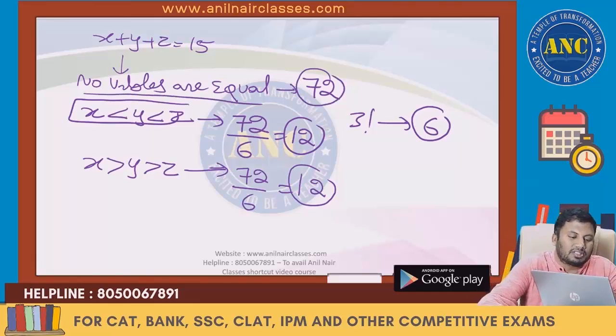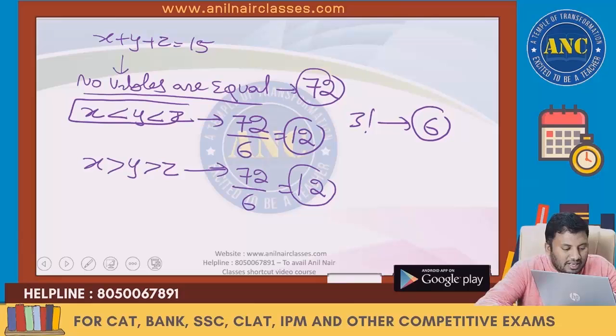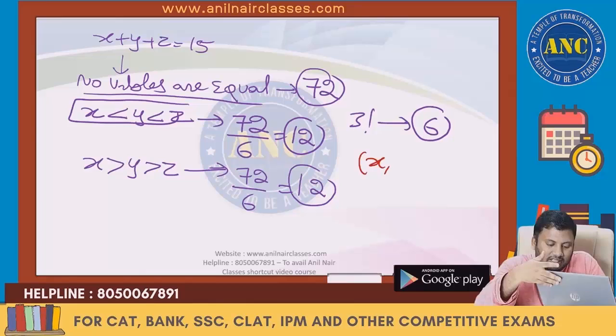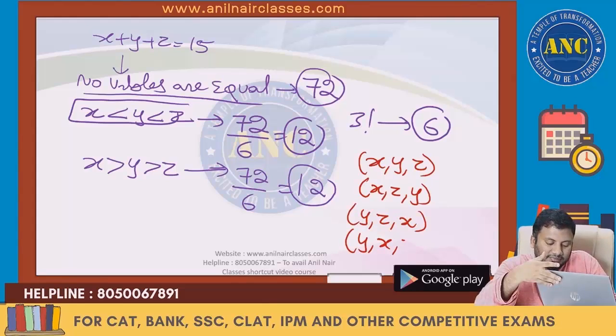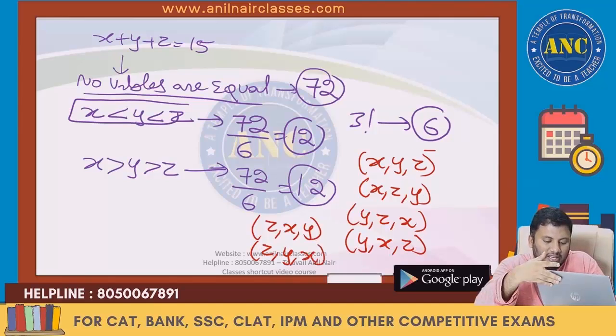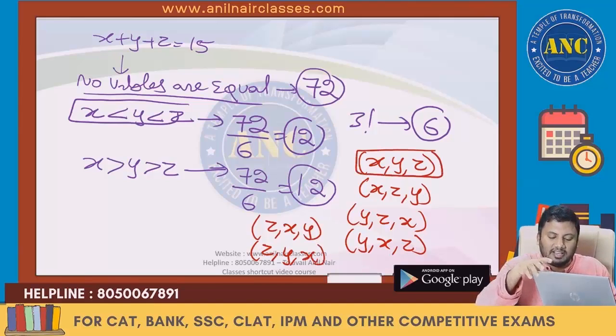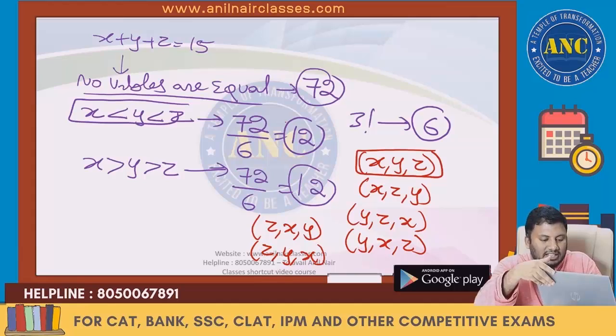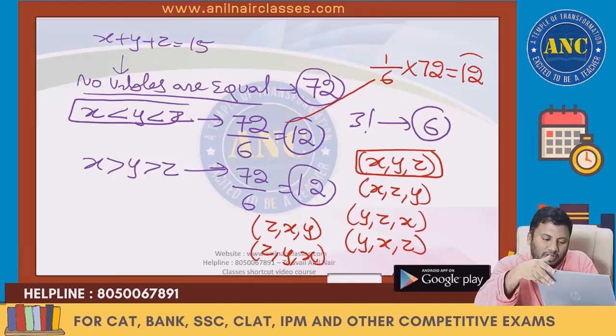If no variables are equal, x, y, z can be arranged in 3 factorial, 6 cases. What are those 6 cases? x y z, x z y, y z x, y x z, z x y, z y x. x less than y less than z is one case out of 6 cases, 1 by 6 into 72, which is 12 cases.